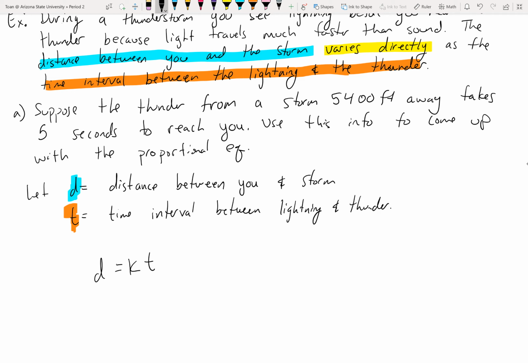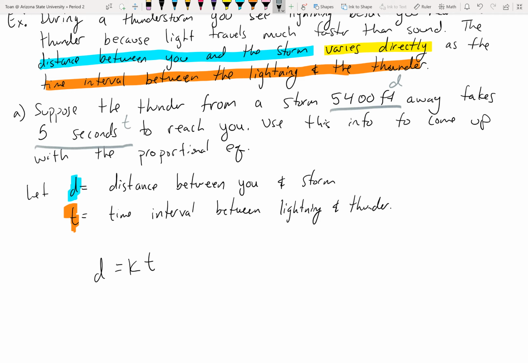It's not our equation yet because we don't have any numbers. We need to solve for K. Once you have the model set up, now is the time to start plugging in information. Well, what information did they give us? They gave us 5,400 feet and 5 seconds to reach you. I hope it doesn't take a lot of thinking to know that the 5,400 feet away is the distance between you and the storm, and that the 5 seconds for the thunder to reach you is the time.